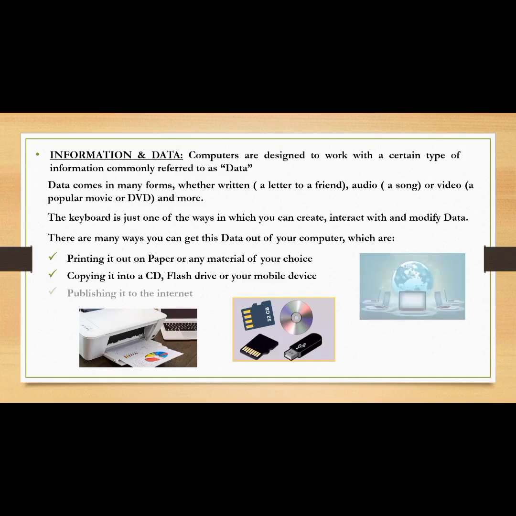You can also publish this information and everything you've gathered on the internet. Remember I mentioned earlier, when you're typing something to post on your social media handles, this is another way of computing. So this is basically how a computer system works with regard to information.